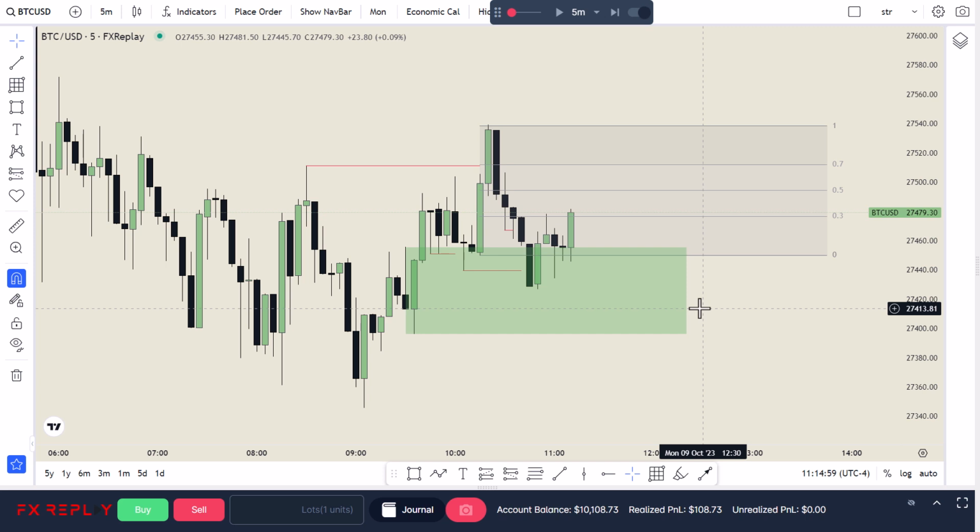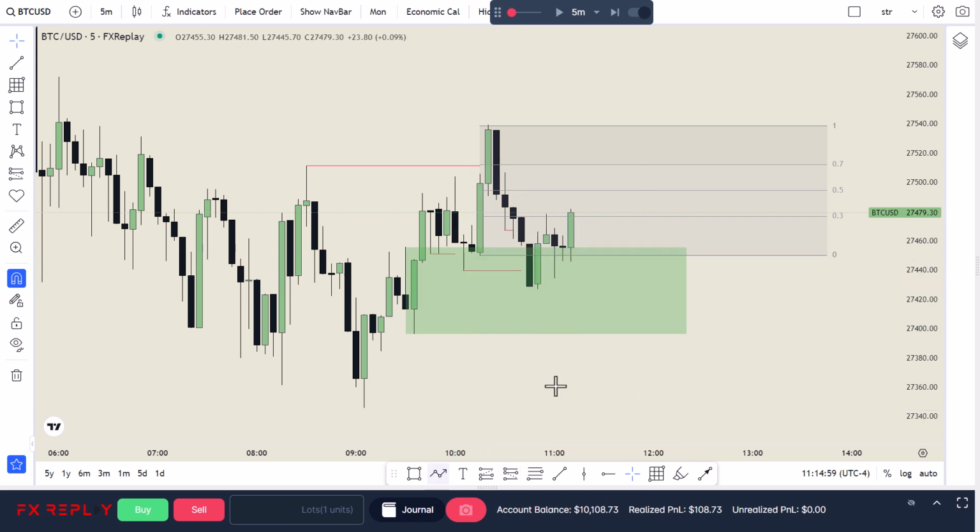I'm not forcing an idea that I analyzed last night, because sometimes that idea might have changed and price gives you indications that it doesn't want to go to the upside. Now it wants to go to the downside. But since you have that idea in mind, you are forcing it on the chart. And I know a lot of traders that have this problem. They force the bias. All right, so I don't do that.